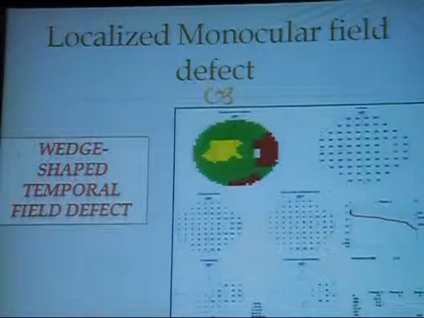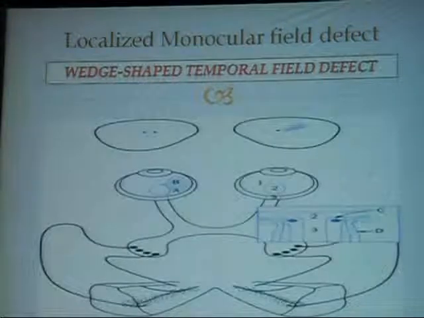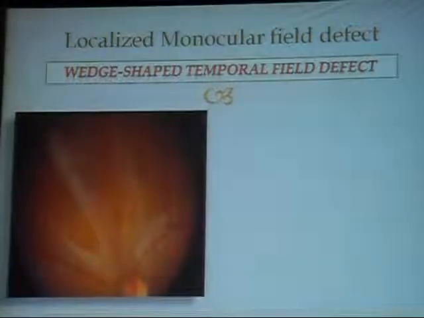The next field defect is the wedge-shaped defect, with its apex pointing to the blind spot, and it results from a lesion in the nasal nerve fibers entering the optic nerve head. It could also result from a retinal lesion like retinoschisis in the nasal part.